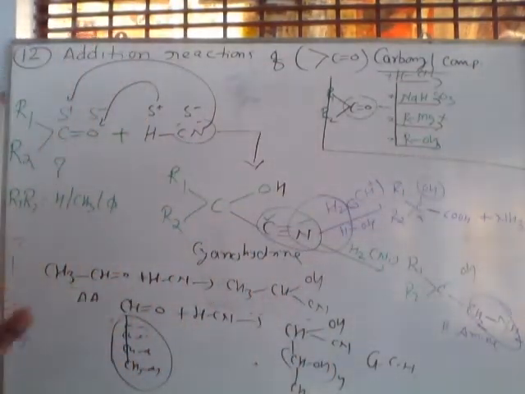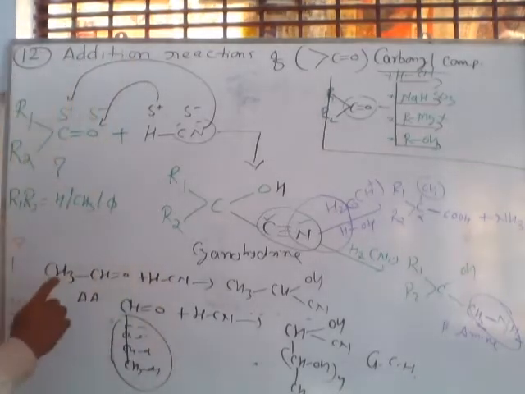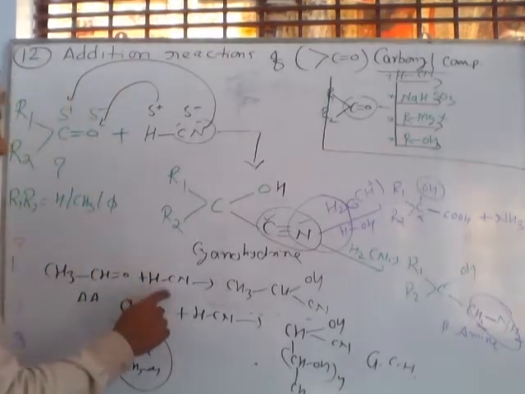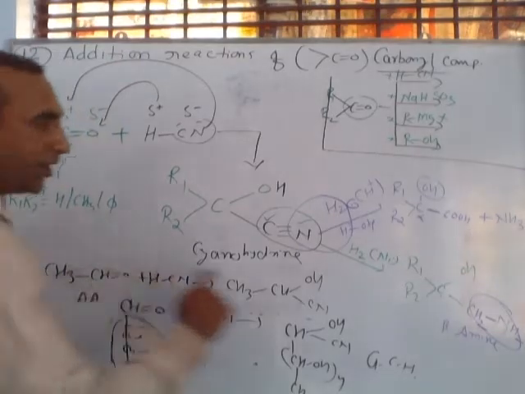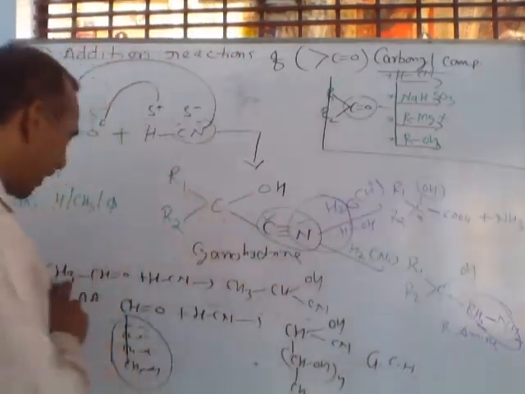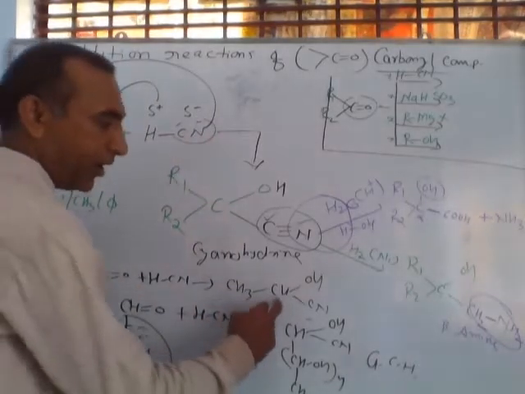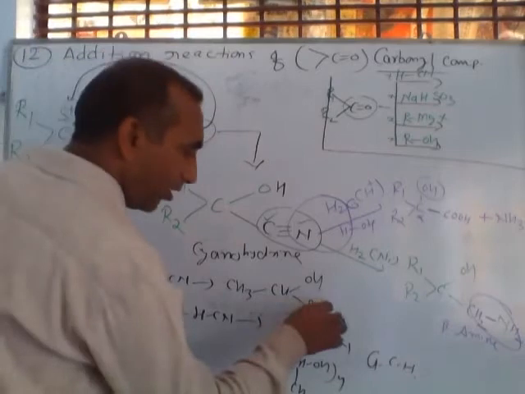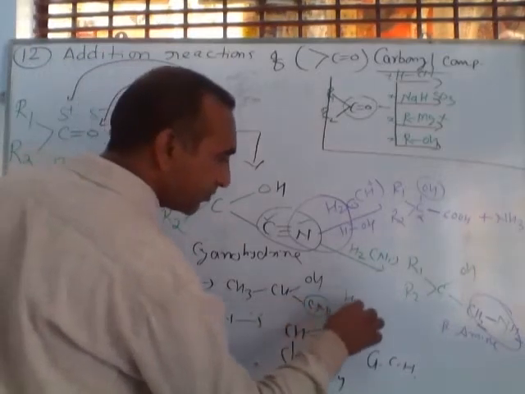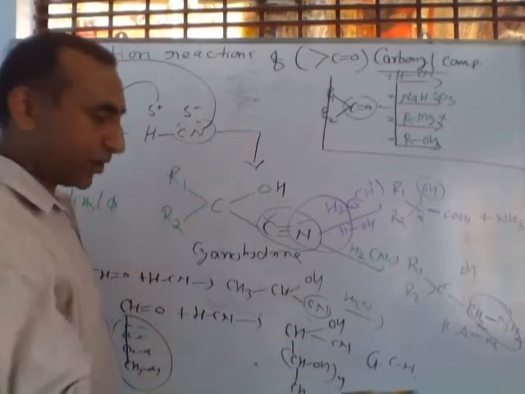If I am giving you an example: what happens when hydrogen cyanide reacts with acetaldehyde, with further hydrolysis? This is acetaldehyde and this product is called acetaldehyde cyanohydrin, and on hydrolysis this CN will convert into carboxylic acid.